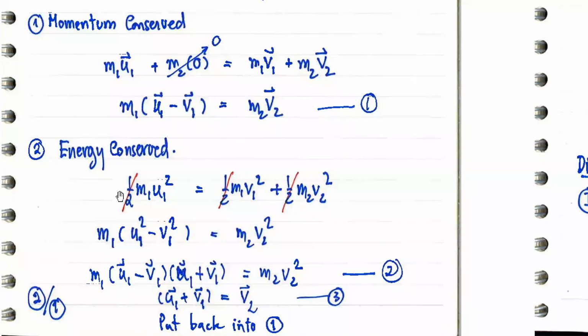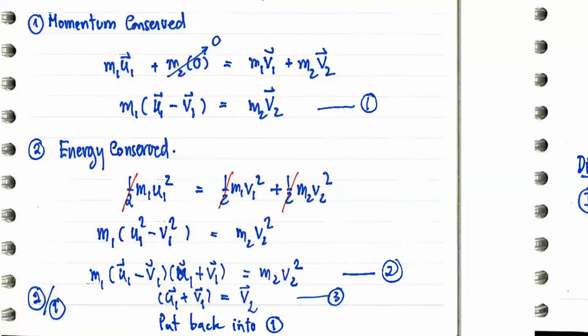Now, for the conservation of energy, the initial energy 1/2 m1 u1 squared is equal to 1/2 m1 v1 squared plus 1/2 m2 v2 squared. The 1/2 cancel each other out, and doing the same thing, moving the 1 on one side and the 2 on the other side, we get m1 (u1 squared minus v1 squared) equal to m2 v2 squared.